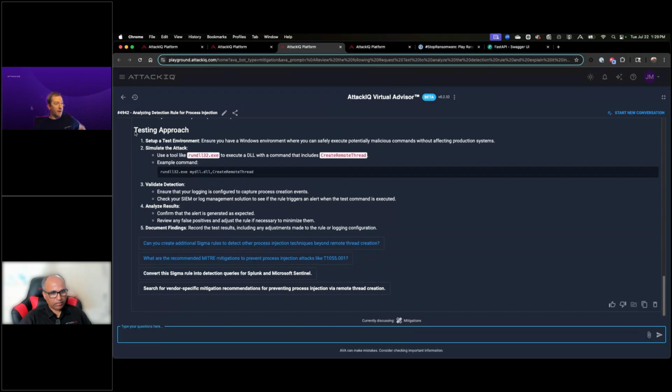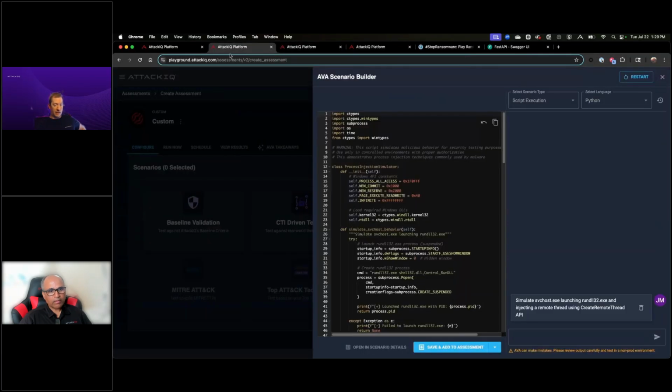So this is everything that Roger's talking about with regard to being able to look all of this up and find all this information very, very easily. I can continue asking more questions, like can I create additional Sigma rules? What are the MITRE mitigations related to process injection attacks like this? So Ava will continue to give me all of this information that I need.